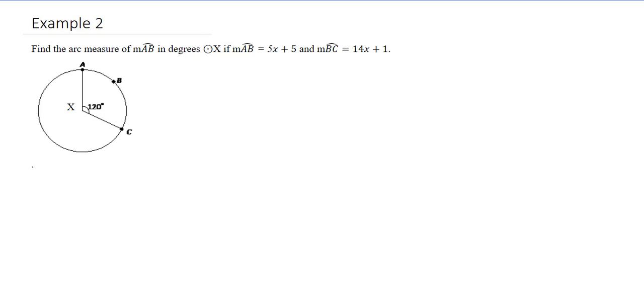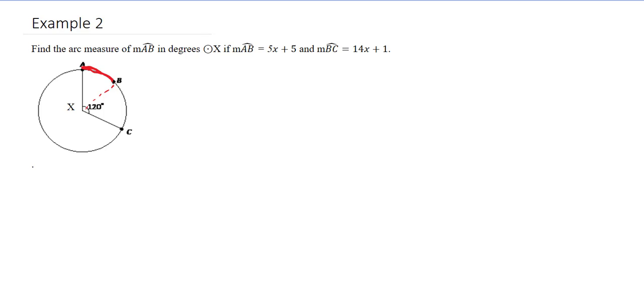Example 2: find the arc measure of AB in degrees of the circle X if the arc measure of AB is equal to 5x plus 5 and the arc measure of BC is 14x plus 1. So we are looking for the arc measure in terms of degrees, right here.